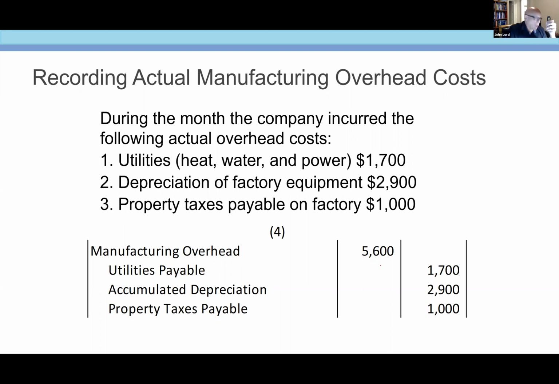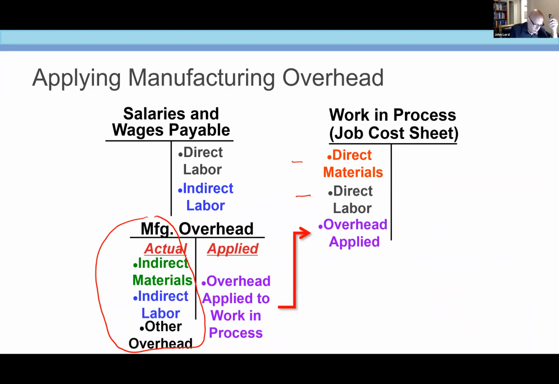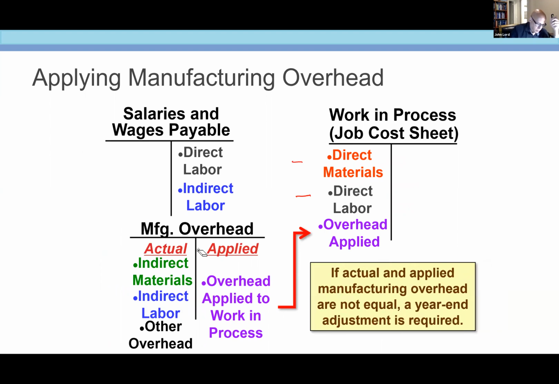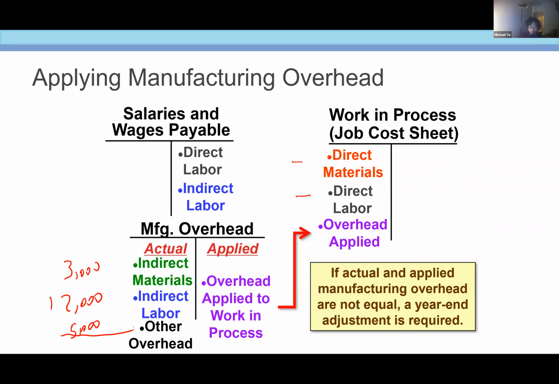Okay. So if you look at this right now, let's just replace these with some numbers. We've got 3,000. We've got 12,000. We've got 5,000, don't we? Okay, and that gives me a total of how much? What's that? 20,000. 15 plus 5 is what? 20,000? Mm-hmm.